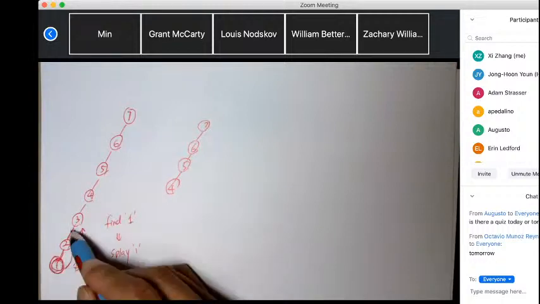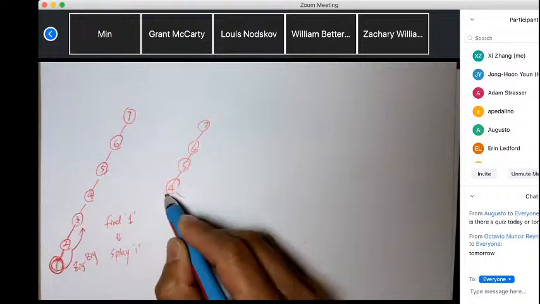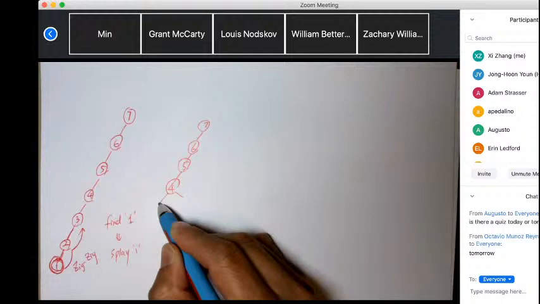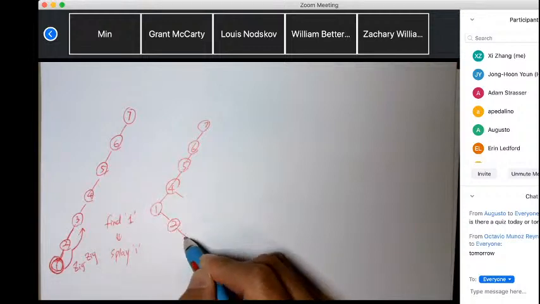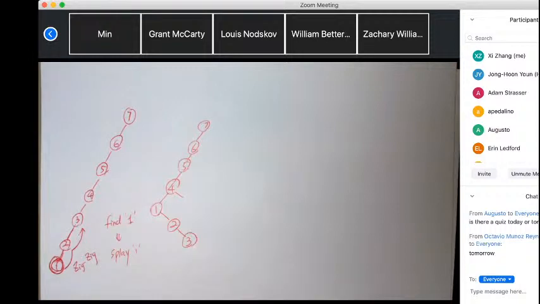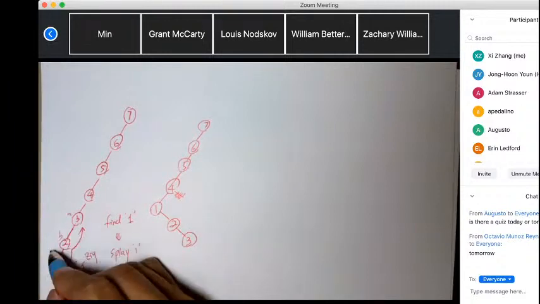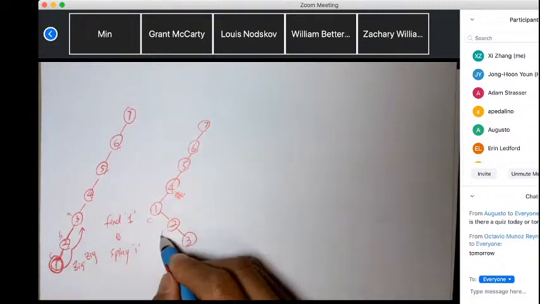So we know after rotation, it should be 1, 2, 3, not 1, 3, 2, right? So it was A, B, C, and after rotation, C, B, A. That's what you need to memorize.